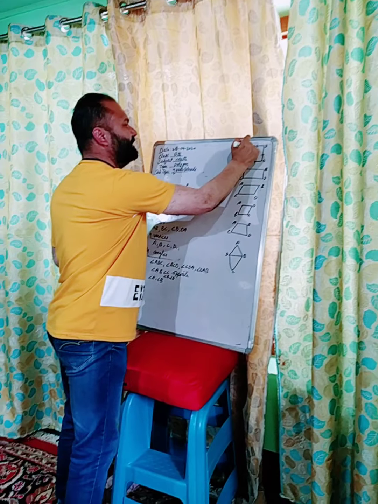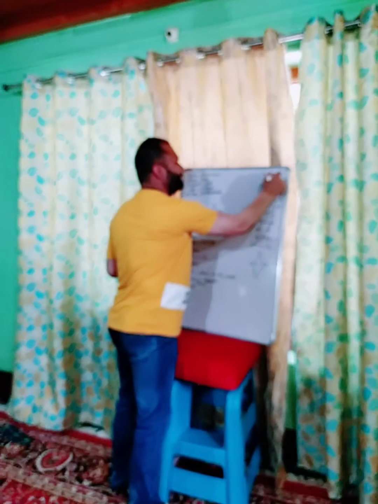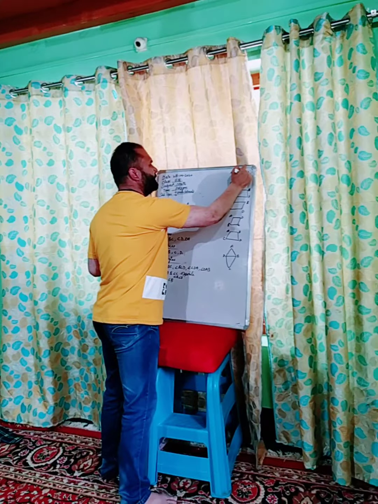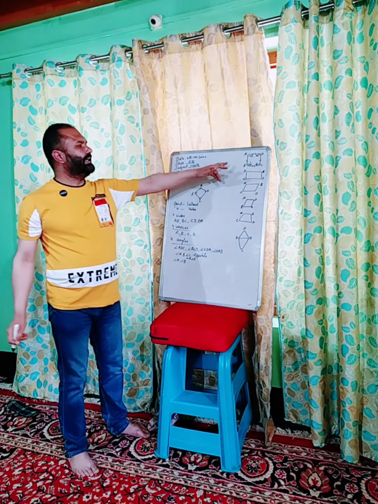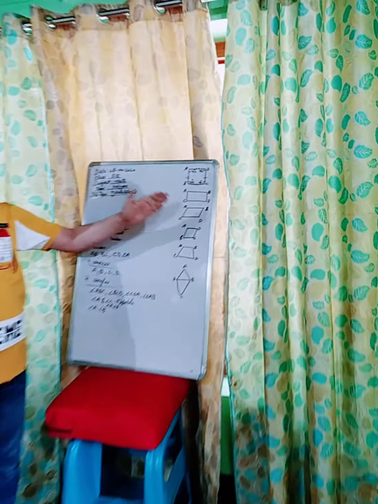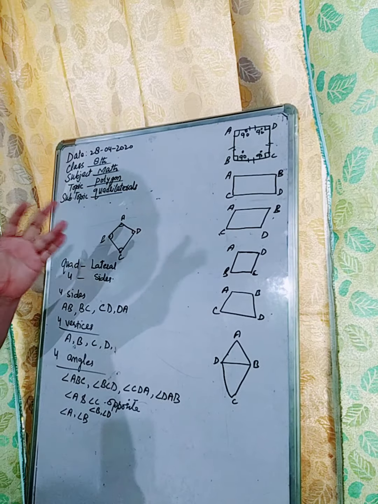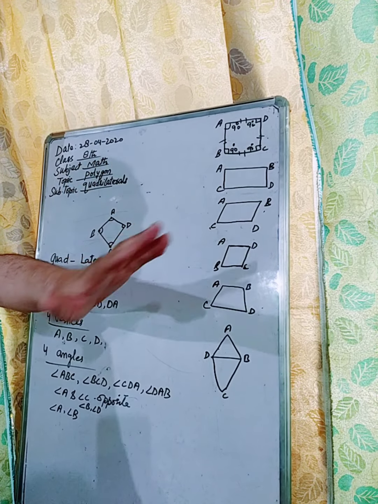And four angles. How many degrees? 90 degrees. So this is called a square. A square has four equal sides, parallel opposite sides, and all the angles are 90 degrees. Opposite angles are equal, adjacent angles are equal.